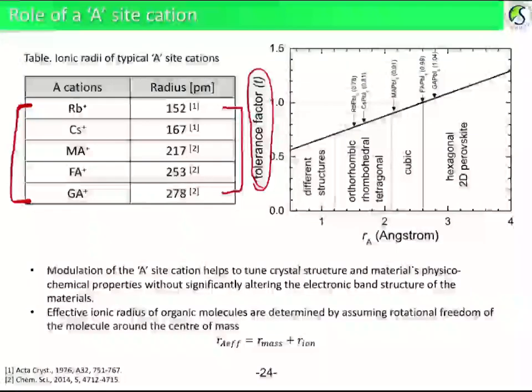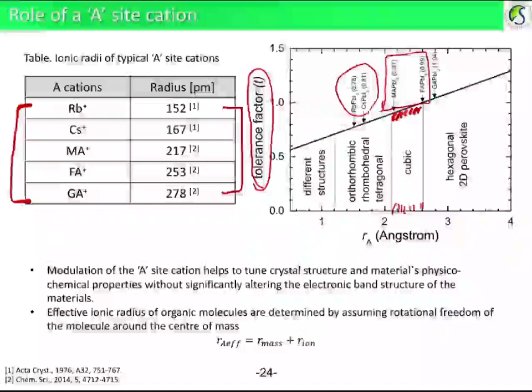And as we studied, ideally, if the tolerance factor falls between 0.9 and 1, they will form the perovskite structure at room temperature. But if the tolerance factor is too low or too high, they will not be able to form the stable perovskite structure at room temperature.